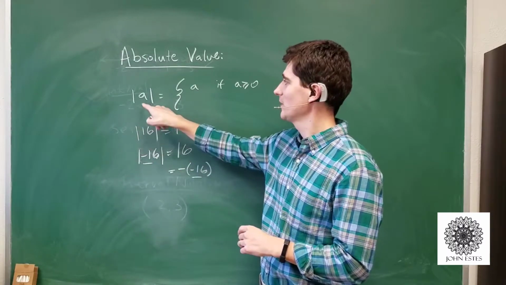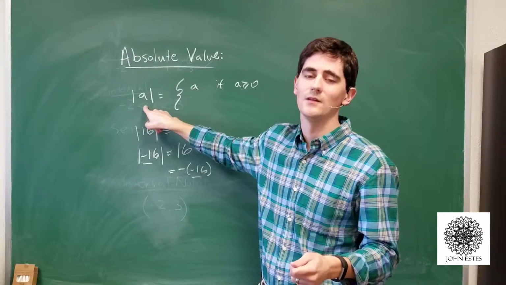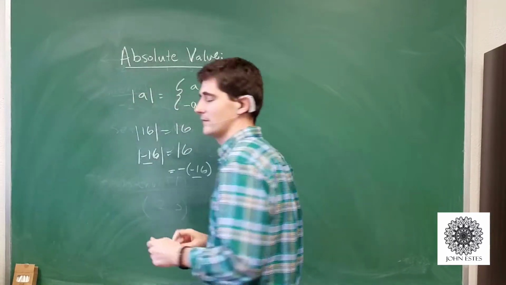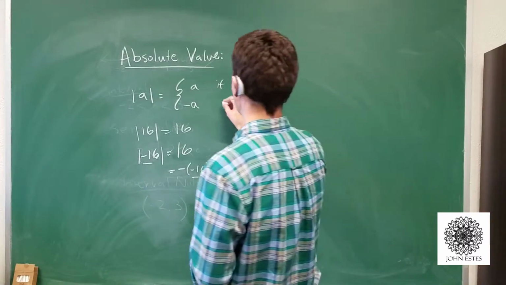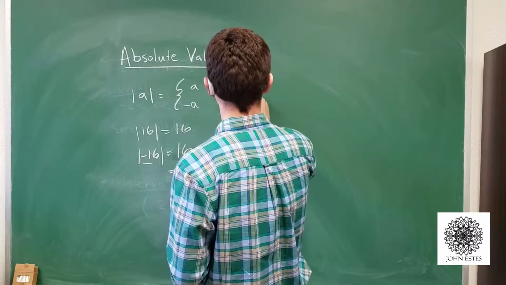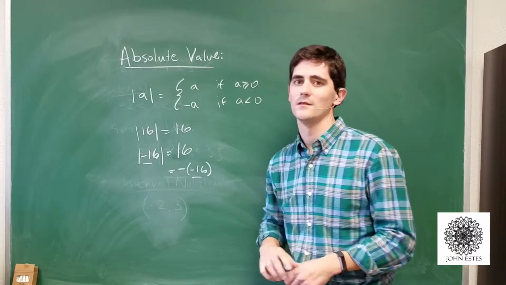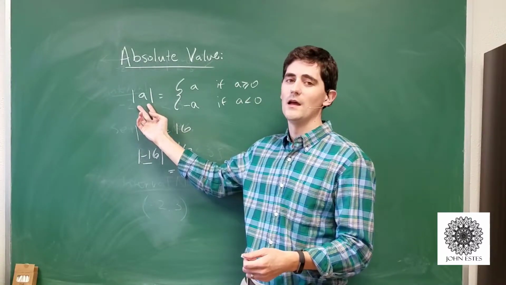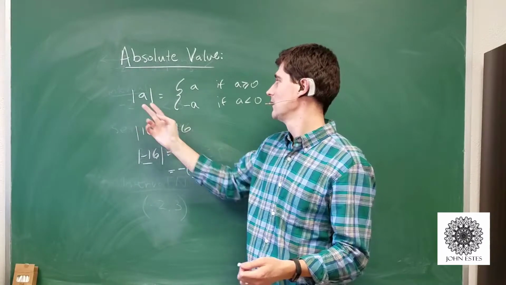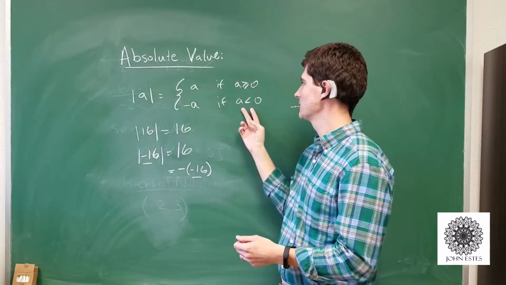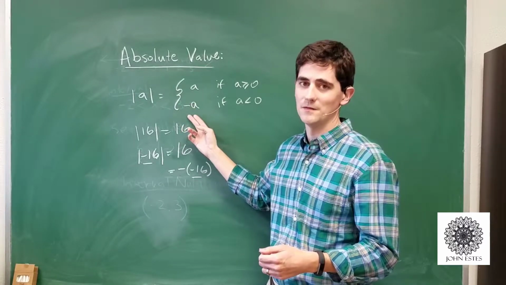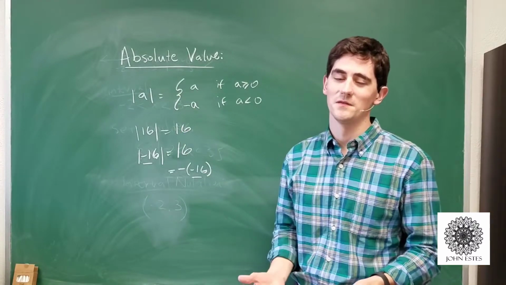So in other words, if I plug in a negative value into the absolute value, the outcome should be the negative of that negative number. So it's negative A if A is less than 0. So for example, if I plug in the absolute value of negative 15, well, since negative 15 is less than 0, I know my answer is going to be negative of negative 15, which results in positive 15.